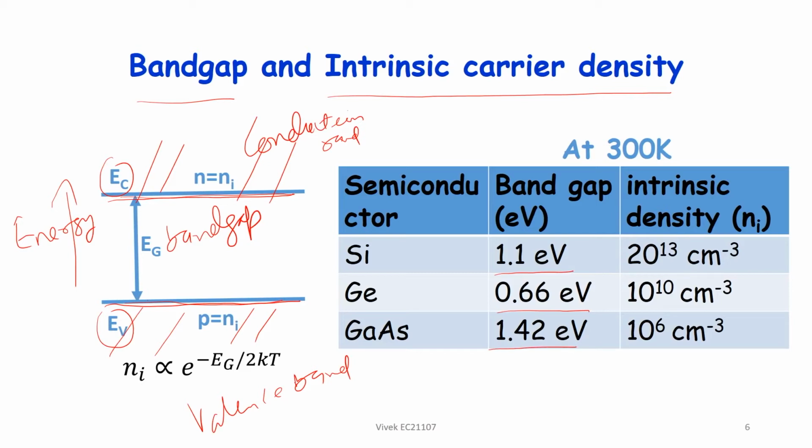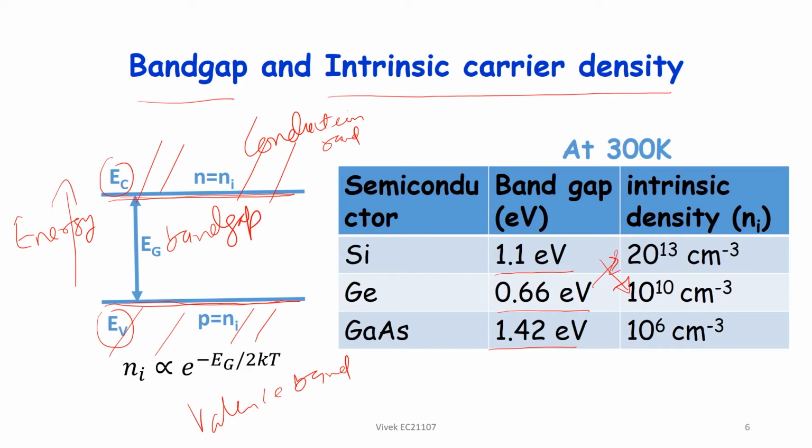And then intrinsic carrier density is around 10 raised to power 10 for silicon. So this is not correct. This is for silicon, 10 raised to power 10. I will correct it. For germanium it is around 2 × 10 raised to power 13.